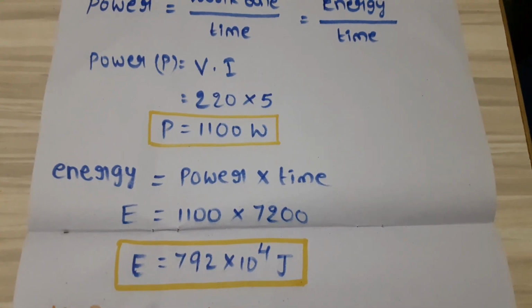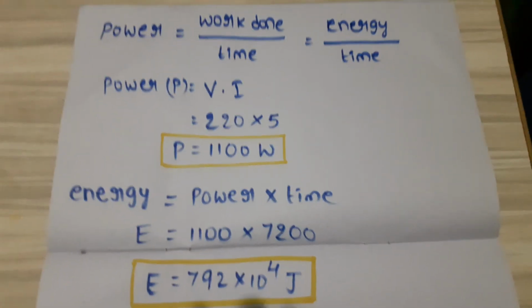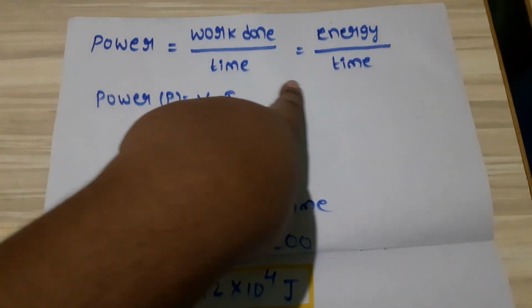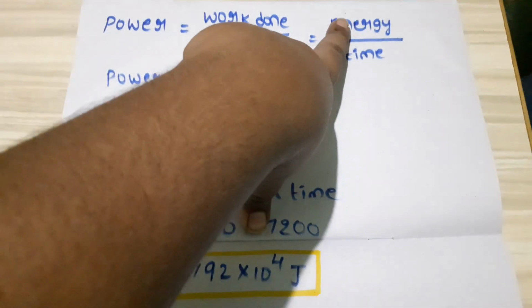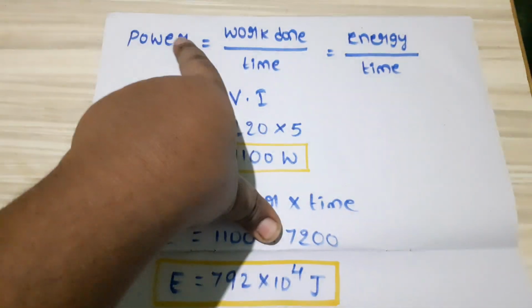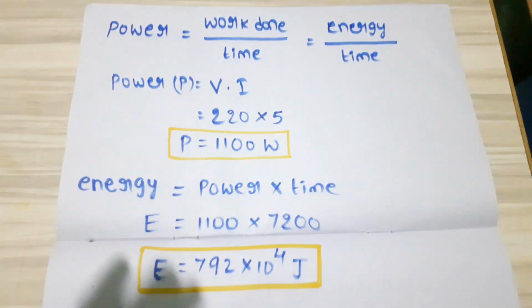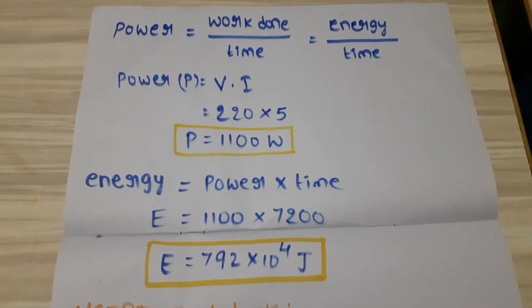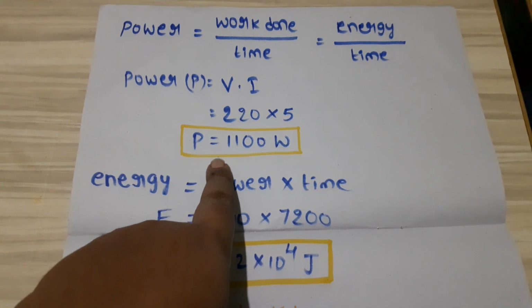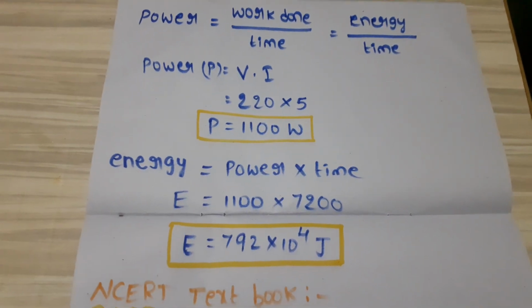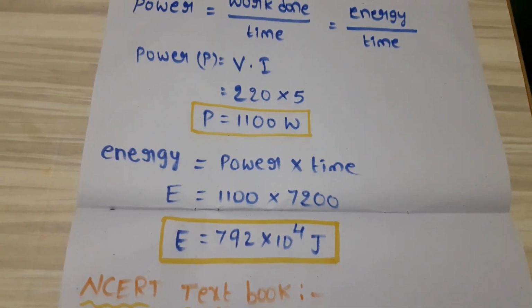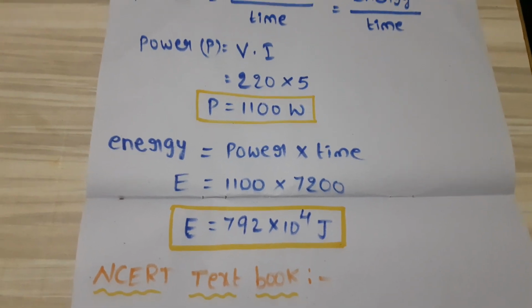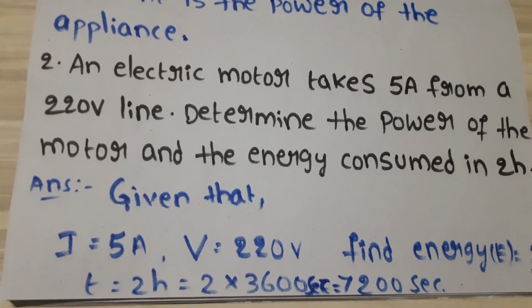Next, find the energy. From the formula, energy equal to power into time. We already found the power value, 1100, into time, 2 hours.